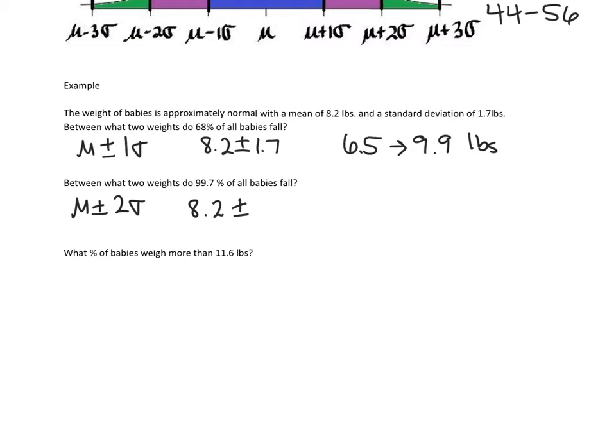So 3 times 1.7, which is 8.2 plus or minus 5.1. So 8.2 minus 5.1 gives us 3.1, and then 8.2 plus 5.1 gives us 13.3 pounds.